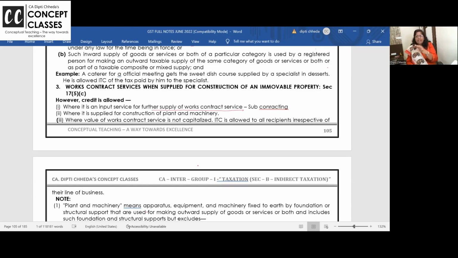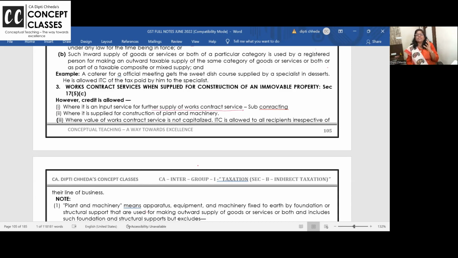Someone is building a building, you are a contractor and you have taken some work and you are taking help of a subcontractor. Listen, subcontractor, I need 50 workers. Can you supply me so that I can finish this slab work in 10 days and give it to the builder? The builder is the one who is making the immovable property. It is not my property, I am just doing some service.